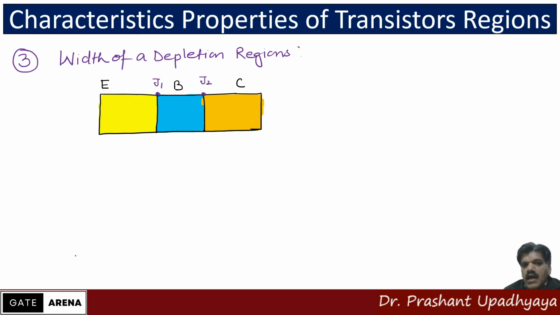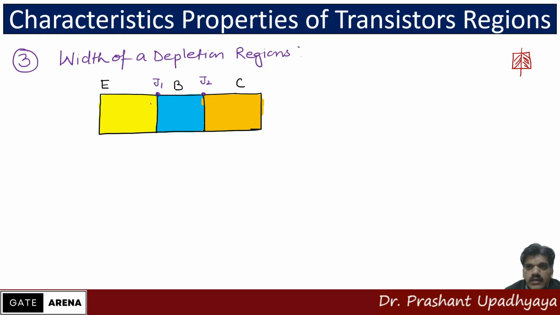That means when we are talking about the junction, whenever we have talked about the junction in the PN diode, we have seen that there will be a junction. The junction will be having some depletion layer with respect to the forward bias and reverse bias condition. So here also we are talking about the junction.